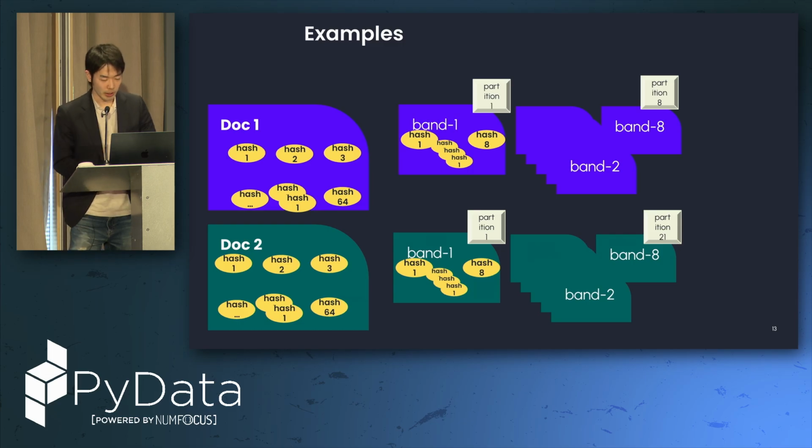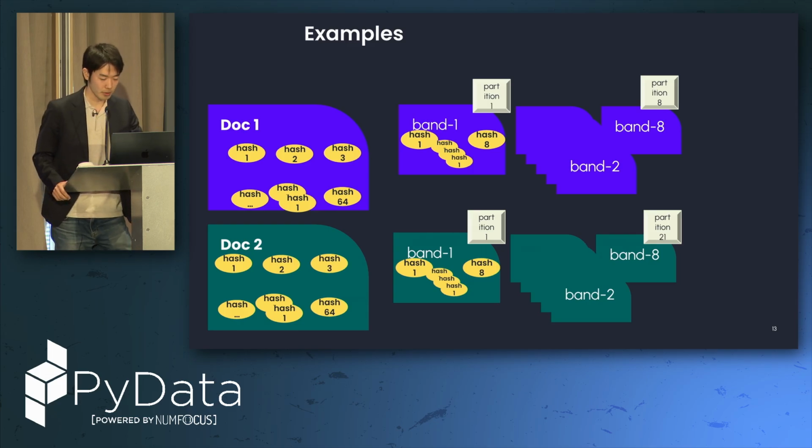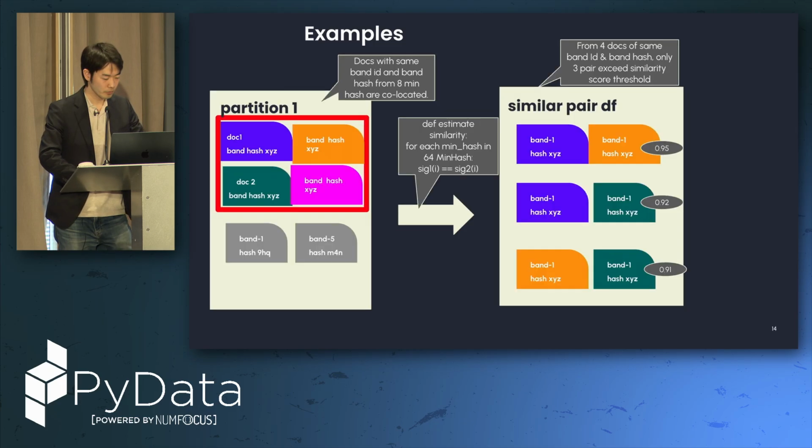For each band hash, we're going to assign a partition ID. So in the example of band 1 from both purple and green, we're going to assign partition 1, assuming that the band hash is exactly the same. But for a different band, the partition ID might be different because the band hash might be different.